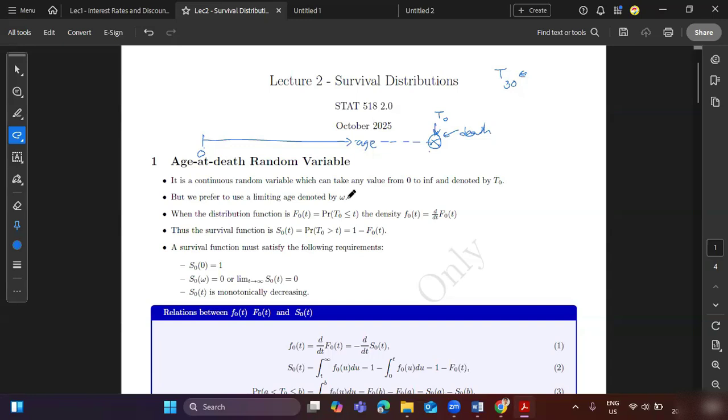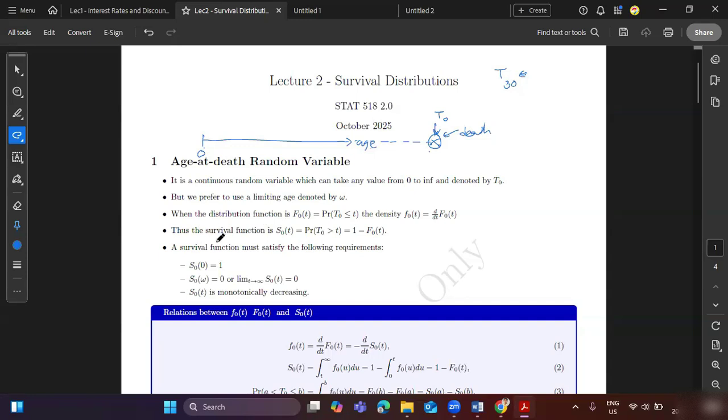Like that you might have seen, or you will see in future in insurance reports or any kind of policy documents. So omega is the maximum expected age for a given population, and it doesn't have any specific value. It depends on the population you selected at that time for the calculation.